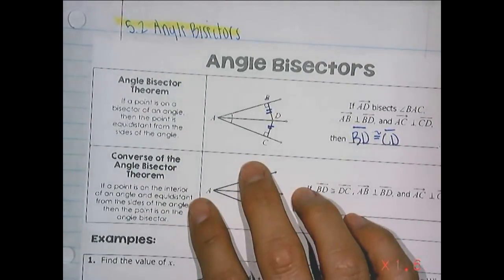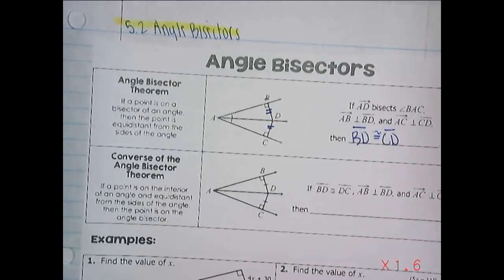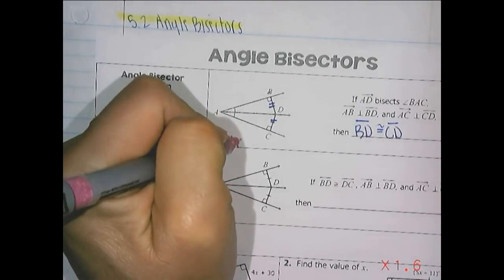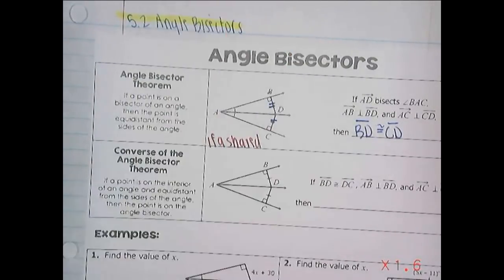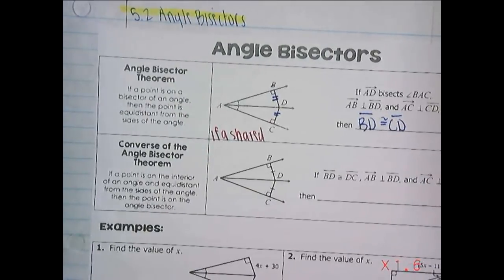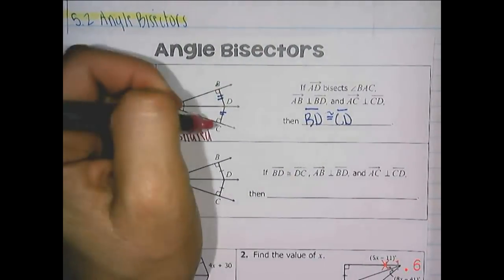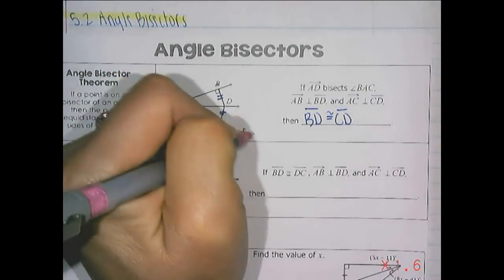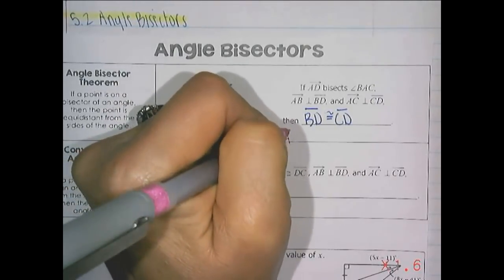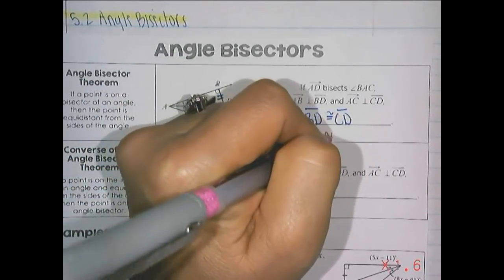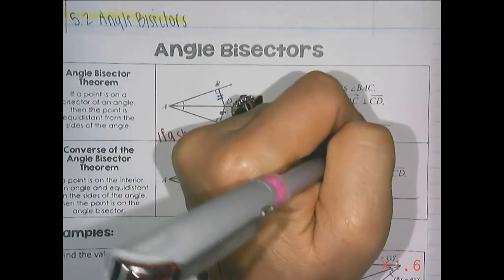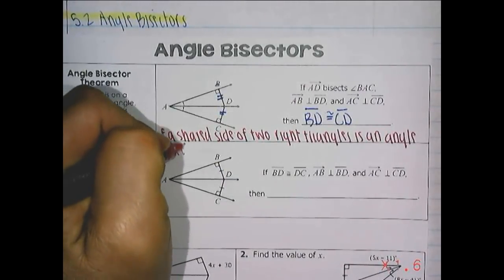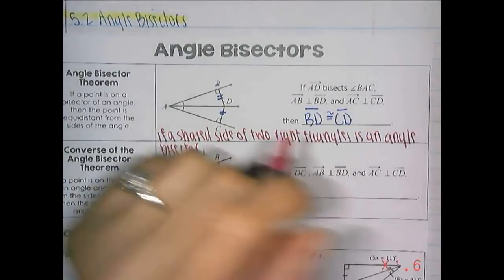All right, so let's think about it in a different way. If a shared side of two right triangles is an angle bisector, then they will have congruent legs.